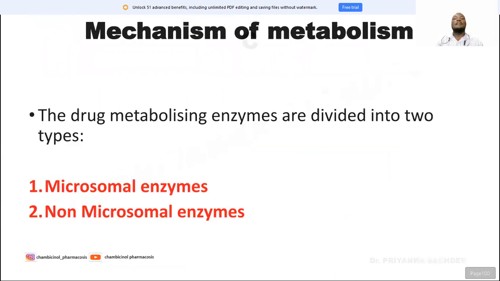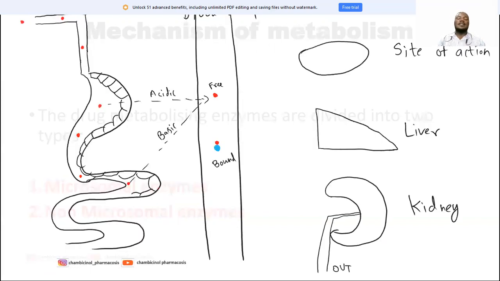There are two types of enzymes involved: the microsomal enzymes, and some enzymes which are considered non-microsomal enzymes. Here we are going to see what a microsomal enzyme is, what a non-microsomal enzyme is, and which enzymes are involved in which type of metabolic reaction, whether phase 1 or phase 2.